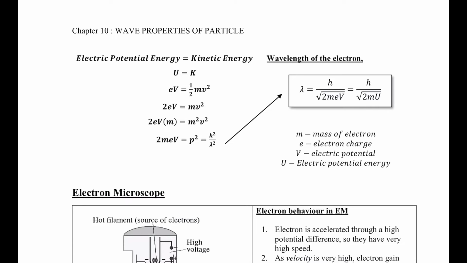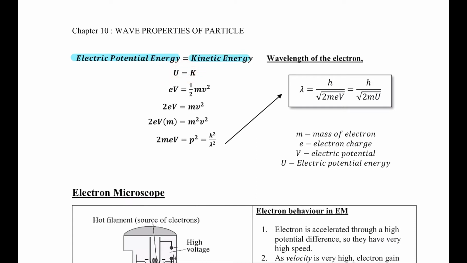So bila lalu dekat situ saja, dia ada electric potential energy. Okay, so ni adalah chapter 1 lah. So electric potential energy ni all will be converted into kinetic energy. Okay, daripada dia lalu potential difference, those electric potential energy tu will be converted into kinetic energy. So U equal to K.